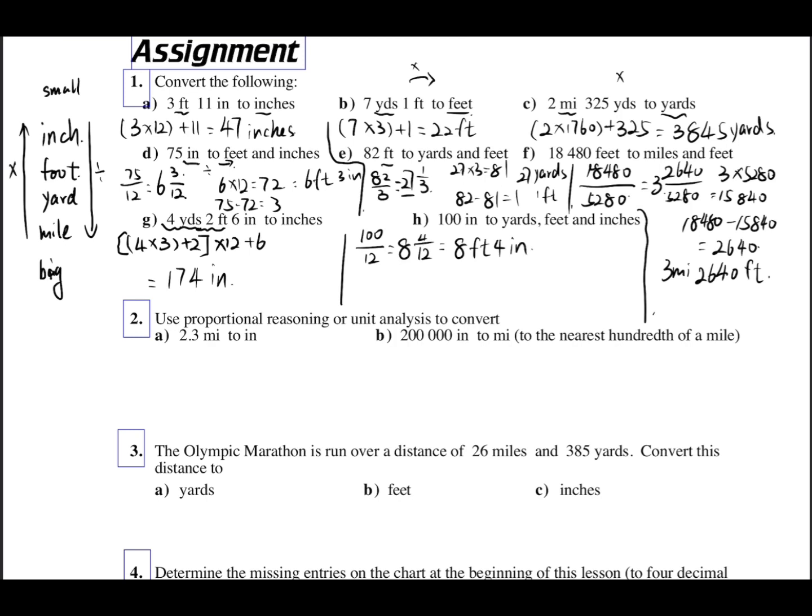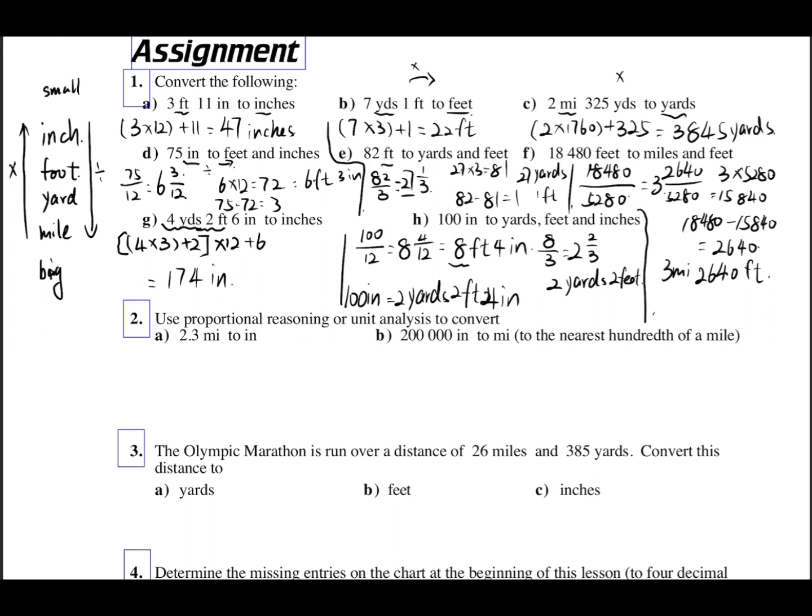And then we can change this feet into yards. We use 8 divided by 3 equals 2 over 3, so it's 2 yards and 2 feet. So the answer is 100 inches equals 2 yards, 2 feet, and 4 inches. So we just put everything together.